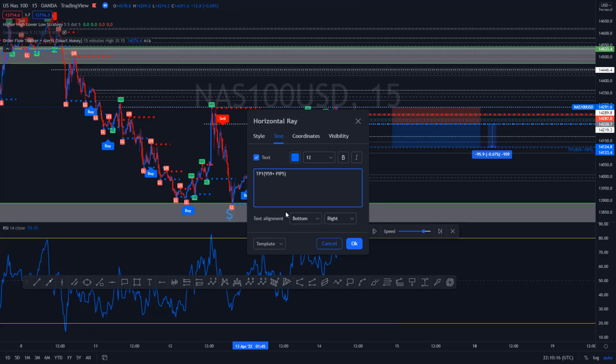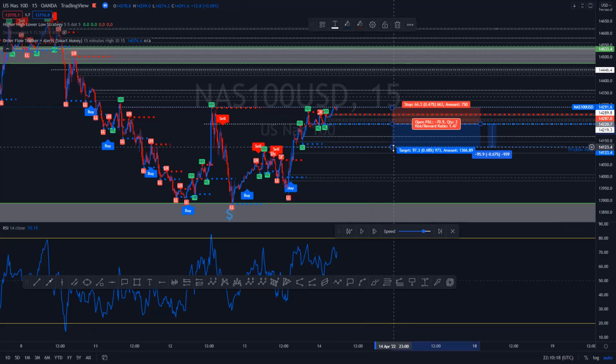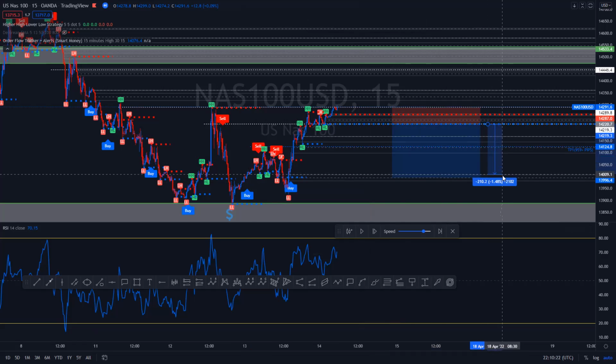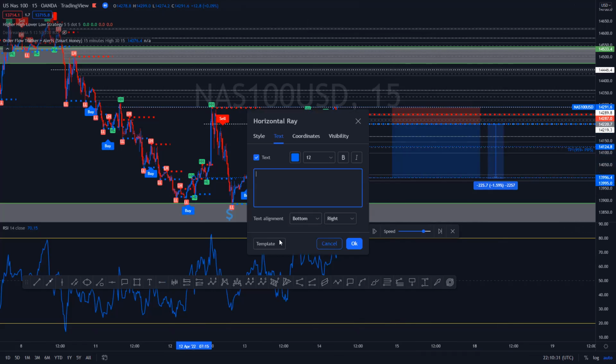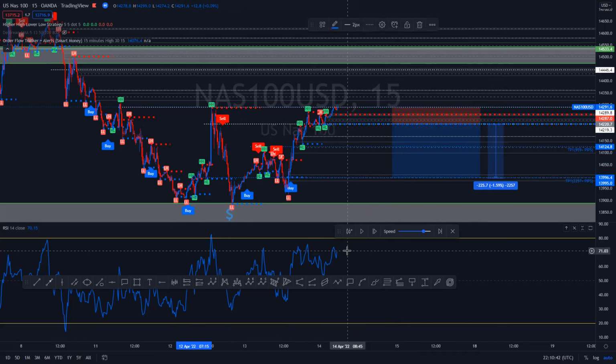All right, and this is going to be take profit 2, which is going to be, let's say, over 2200 plus pips. I'm going to do TP2: 2257 plus pips. Okay. And then my stop loss is going to be up there.